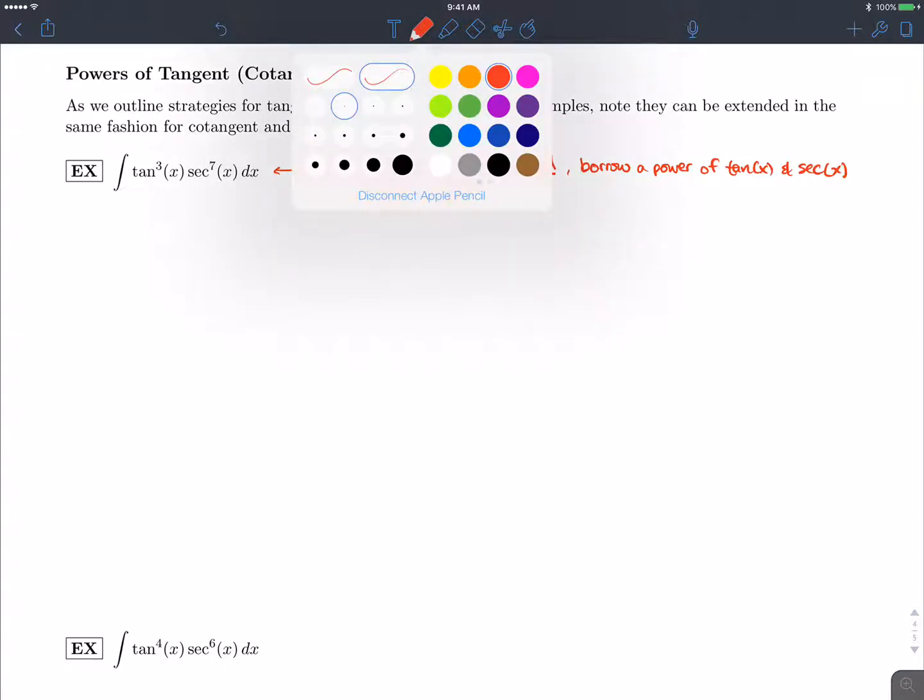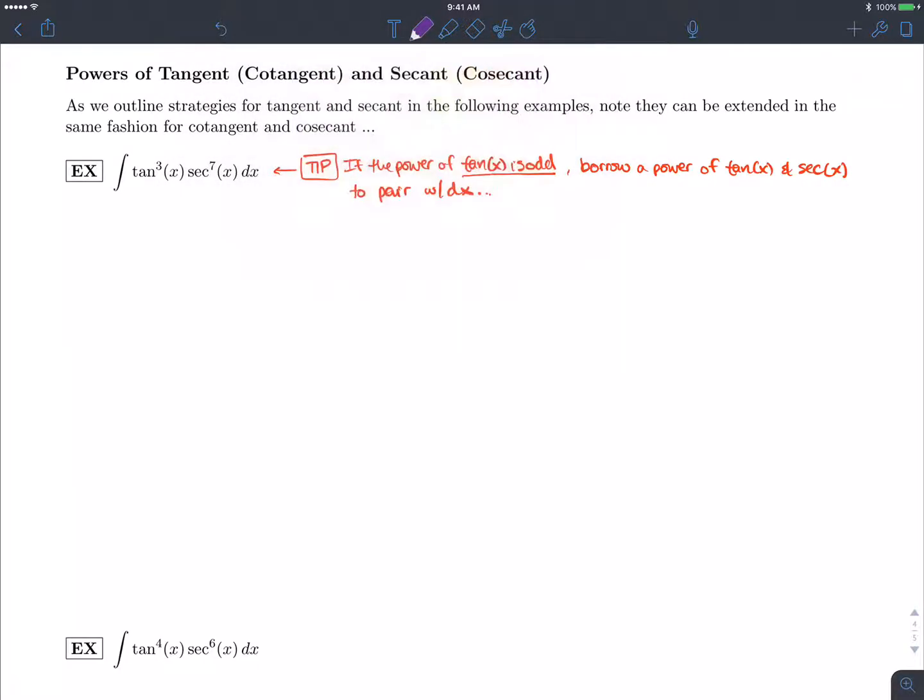So let's take a look and see what that does to this. If we were to remove a power from the tangent, that would just leave us with tangent squared. And if we were to borrow a power from secant, that would leave us with secant to the power of 6. And then we'd have, I'm going to write this as, secant x, tangent x, dx.